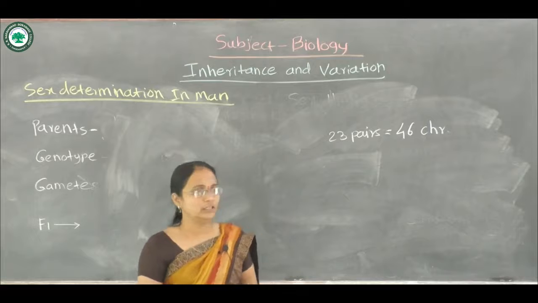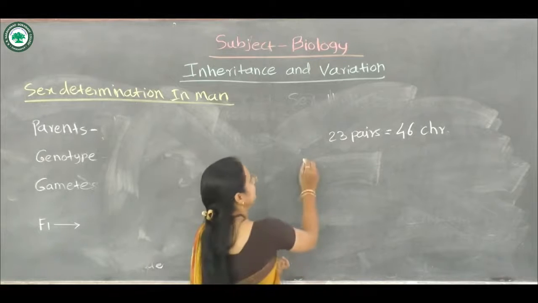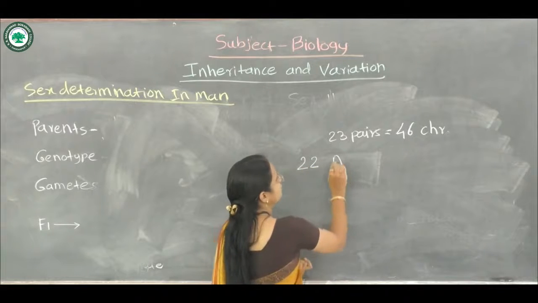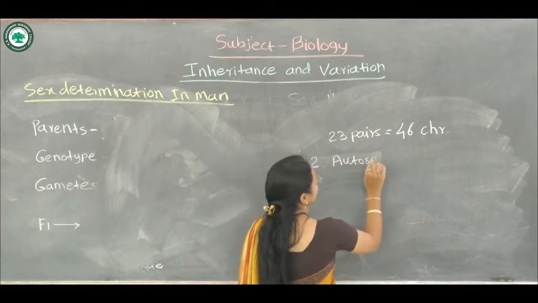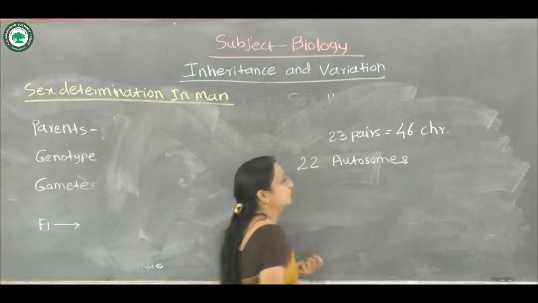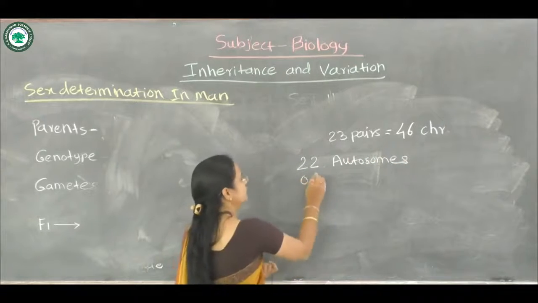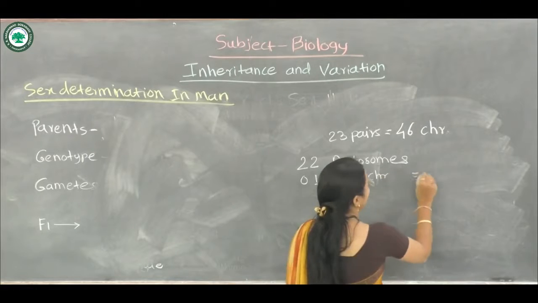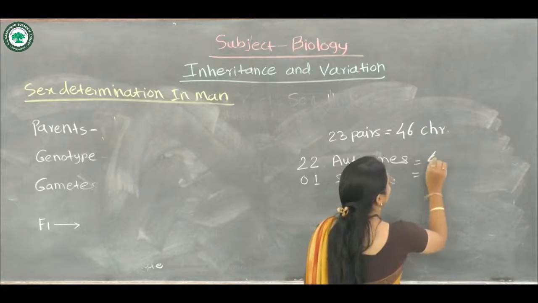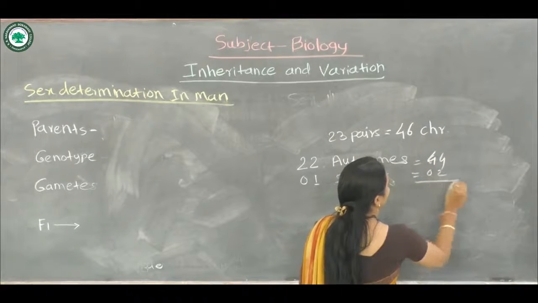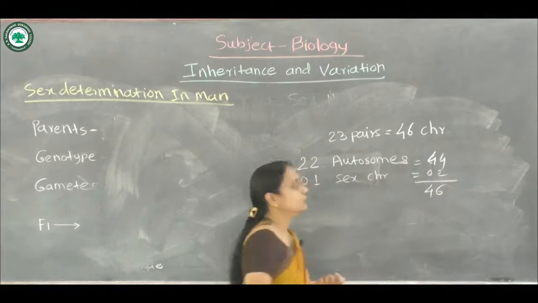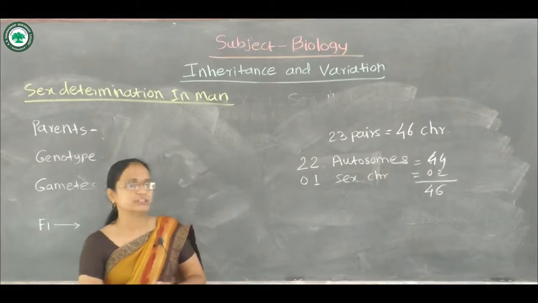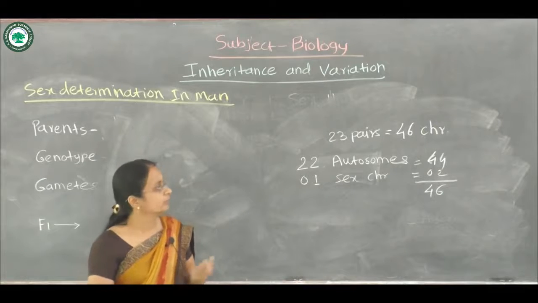How are these 23 pairs made up? The 22 autosomes are present and one pair of the sex chromosome is present. In total, you will get the 46 chromosomes present in the human being.